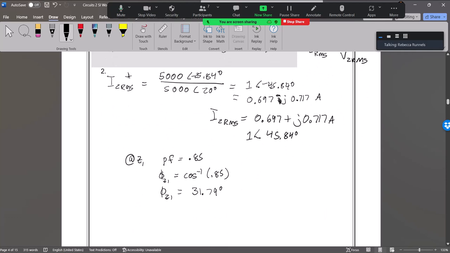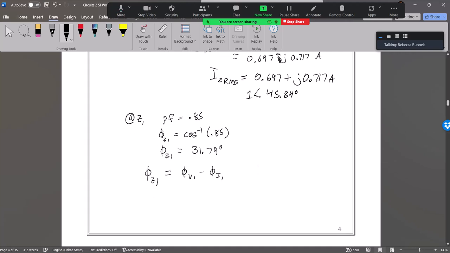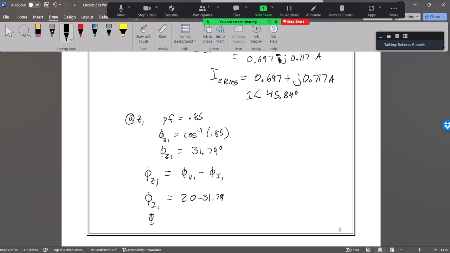And then from that, I can get the phase of the current for Z1, because the phase for Z1 equals the phase of the voltage at 1 minus the phase of the current at 1. So the phase of the current at 1 equals 20 minus 31.79, and that equals negative 11.79.